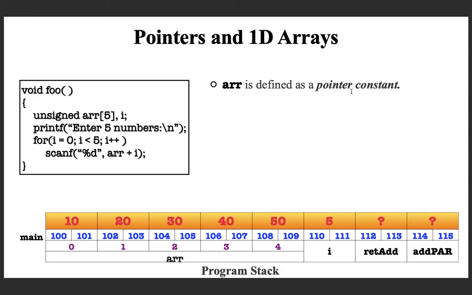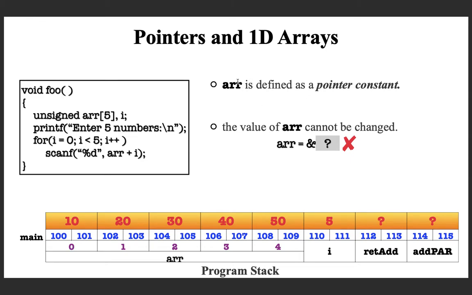Then the question is, why is it a pointer constant? Because the value of ARR, in this particular case 100, cannot be changed. That means you cannot have an instruction like this. This is not allowed. You cannot assign the address of any other location into ARR. And that is why it is known as a pointer constant.